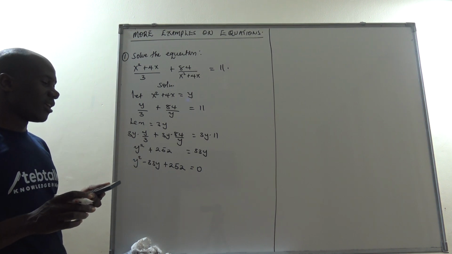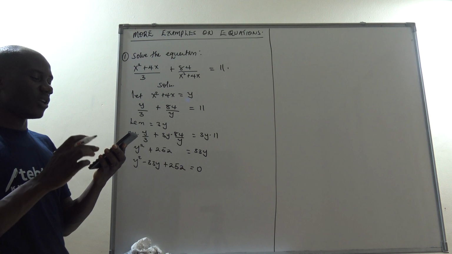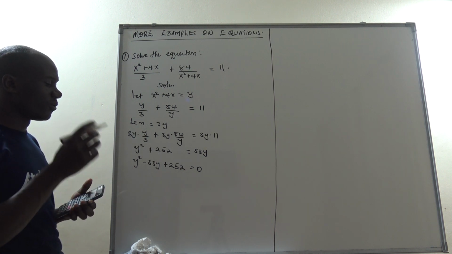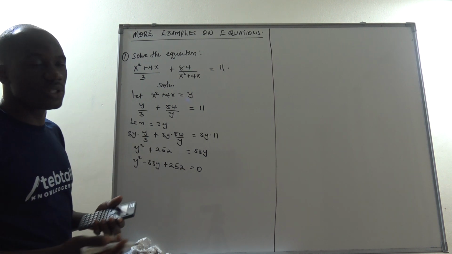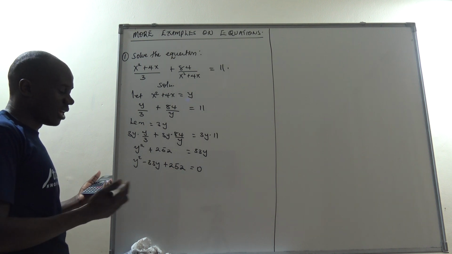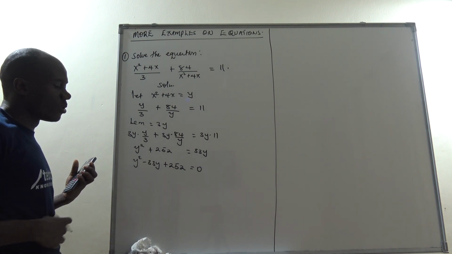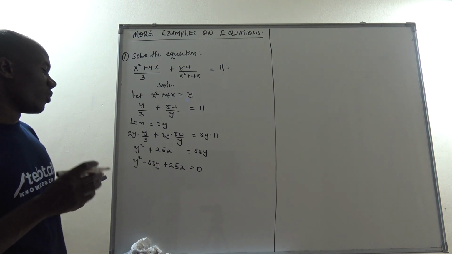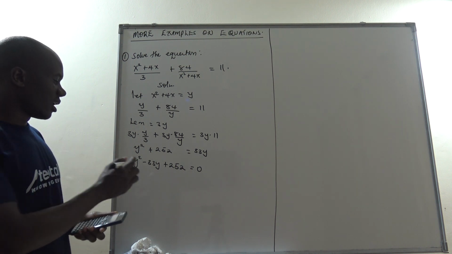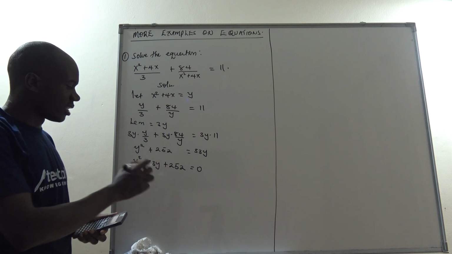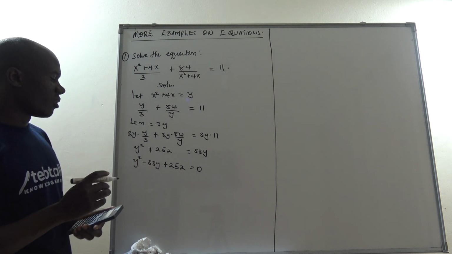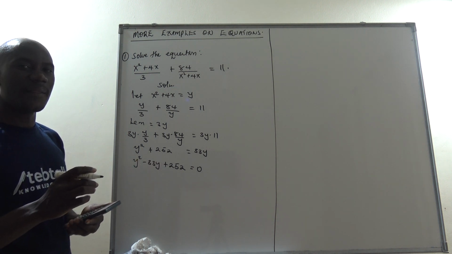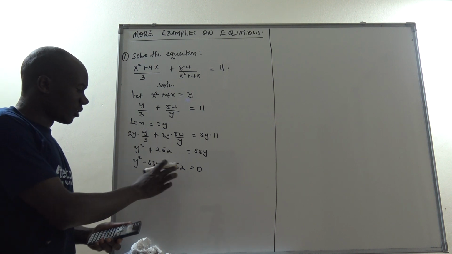factor formula. You can use the factor method to solve these equations, or you can use our quadratic formula. Any of those ones will have no problem. Now, we are moving on with solving for y first.